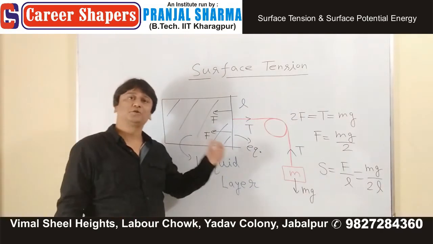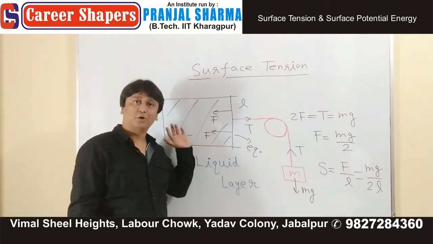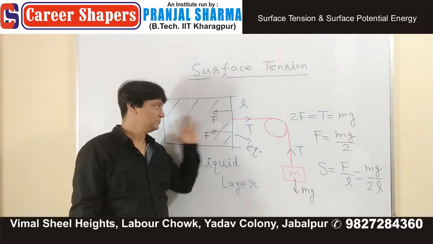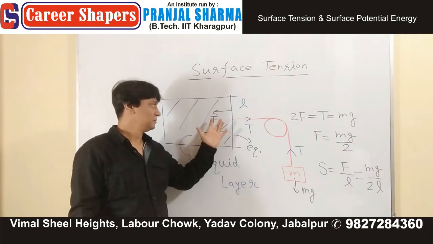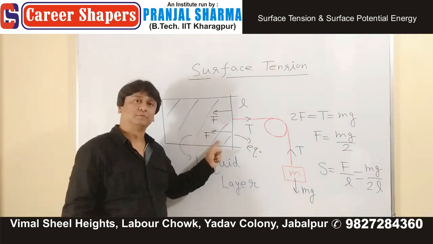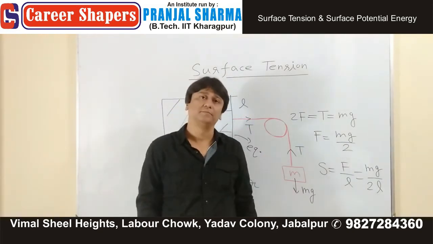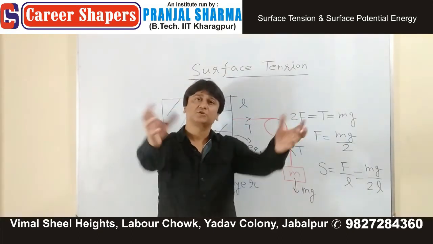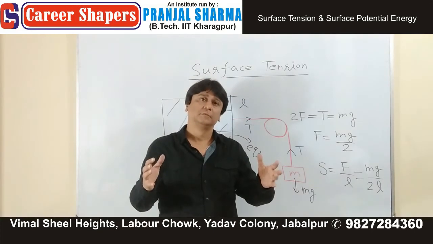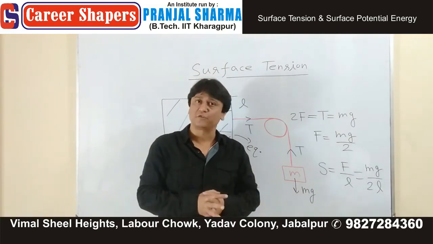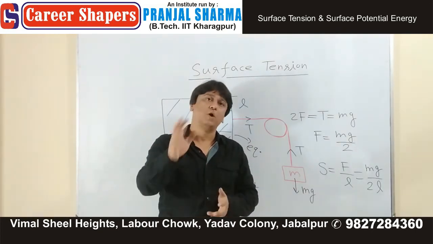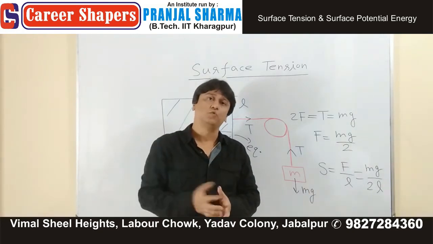So what you only had to think was, there are two surfaces, two forces. A small example will help you remember. If you take a solid sphere, how many surfaces are present? One, the outer one.